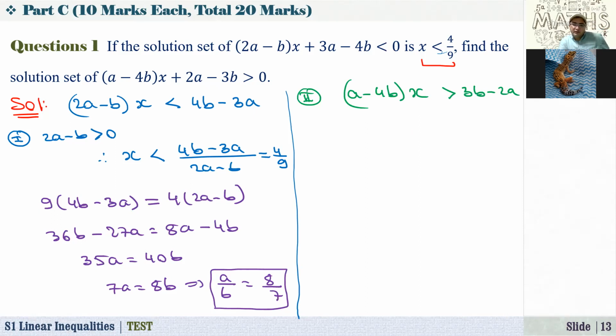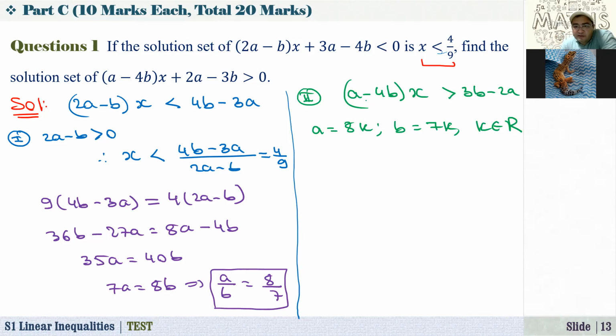We don't know. But I'm going to use this ratio, because I know that a to b is 8 to 7. That means that if a is equal to 8k, then b should be equal to 7k. What is k? k is any real number. It can be anything, because I have no idea. It may be positive, it may be negative.